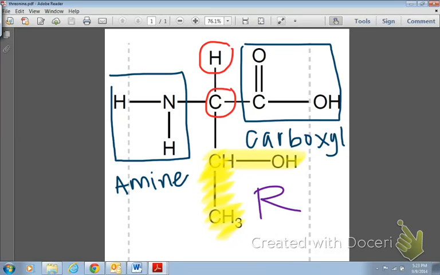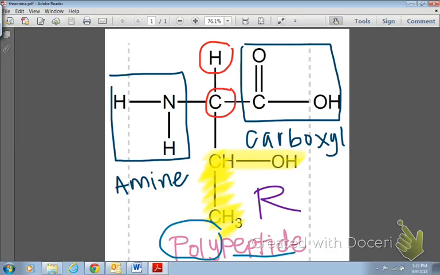Okay, another word for protein, and you'll know this from the notes, is polypeptide. Many peptide bonds.